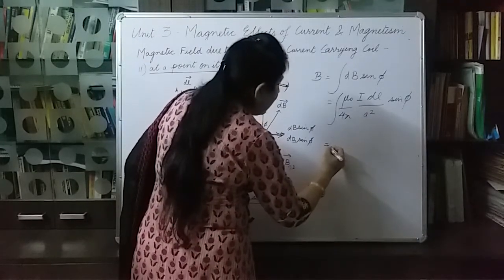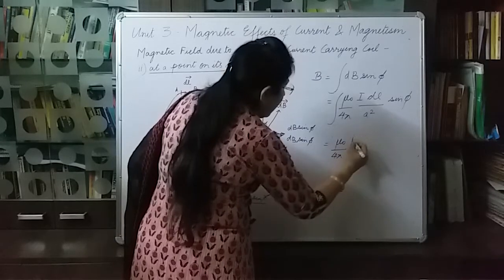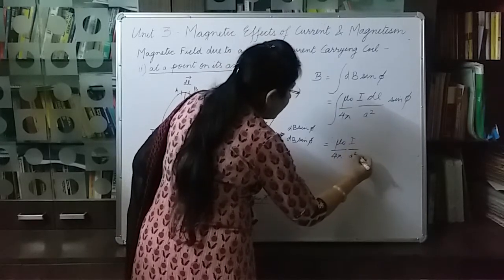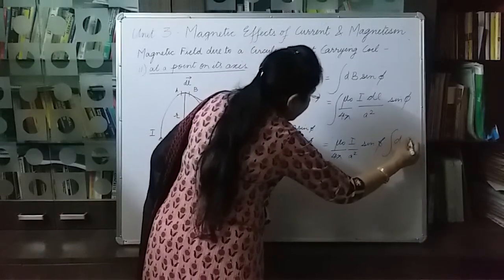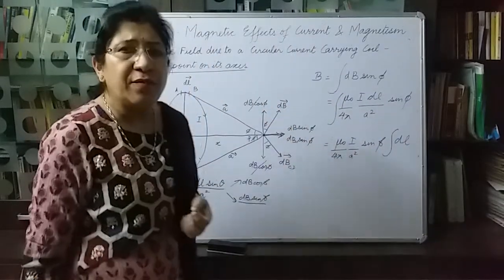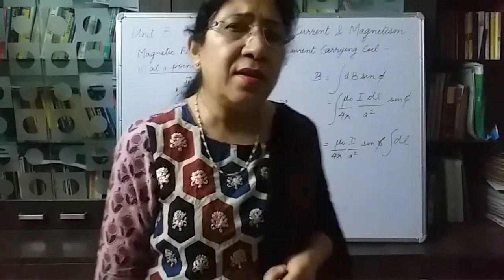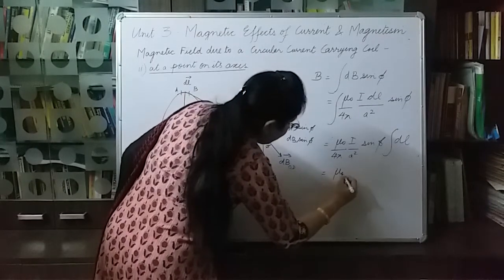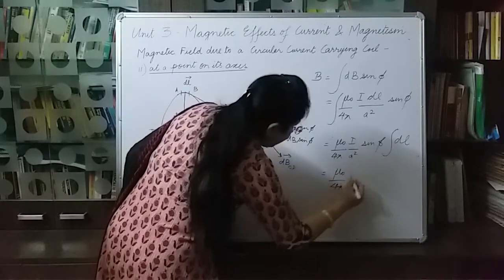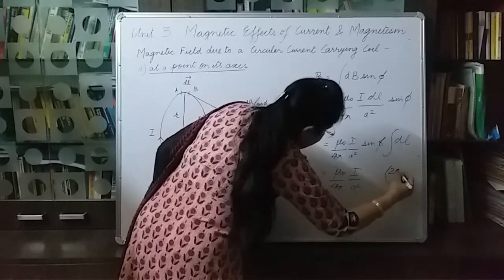We can take them out: mu naught upon 4 pi, I upon a square, sin phi, and integral of dl. Just like before, the integral of dl will be the circumference of the circular coil. So we can write mu naught upon 4 pi, I upon a square, and 2 pi r.